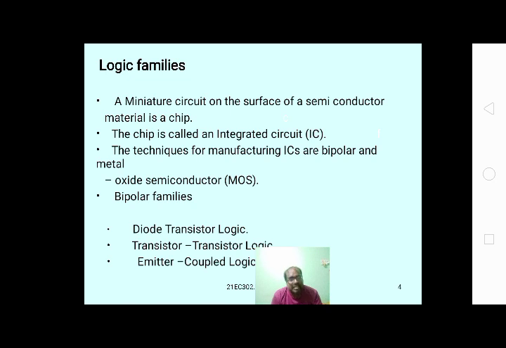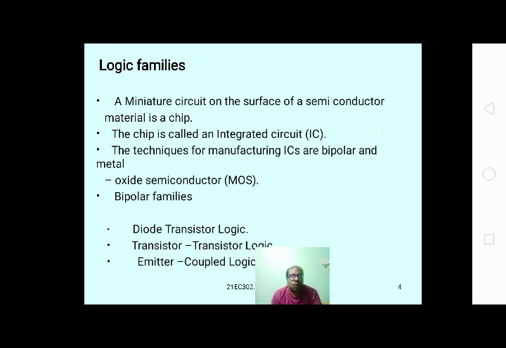Any of them you can take. A small circuit is placed on that semiconductor material, and it is called a chip. The chip constitutes the integrated circuit, that is IC.